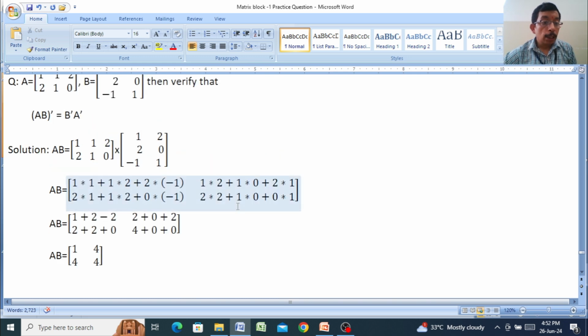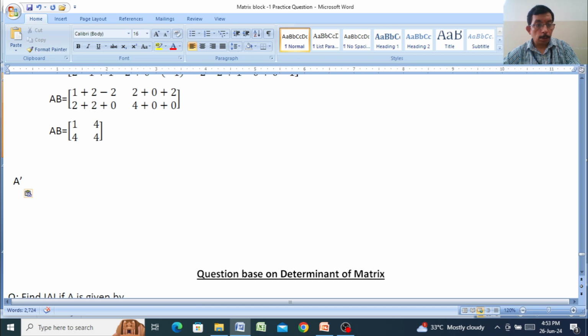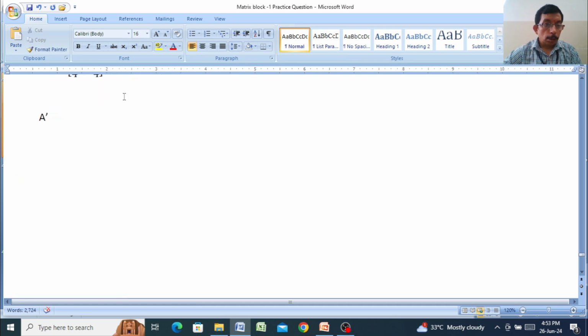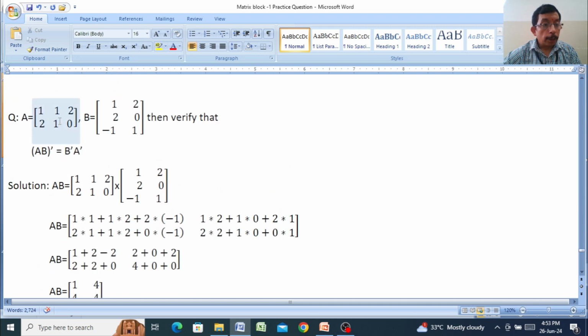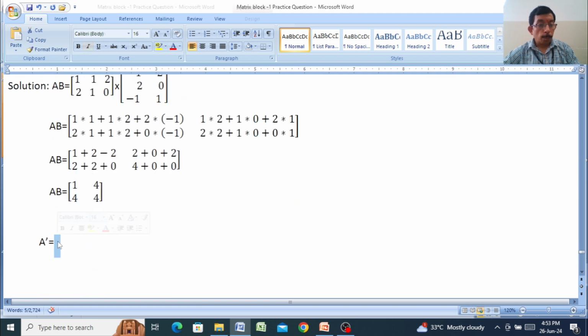Now we find the transpose of A and transpose of B. Transpose of A equal to the determinant of the value of matrix A, which is moved down here and put here.